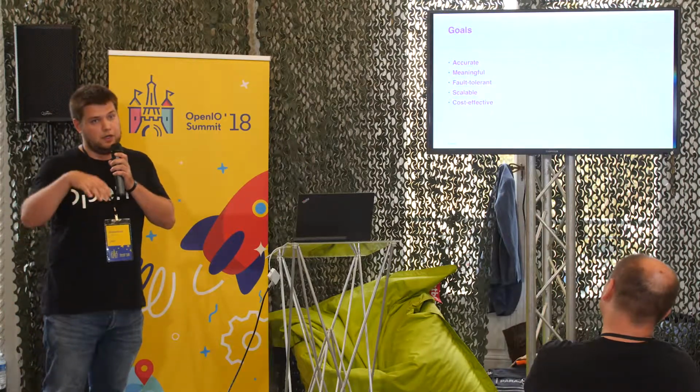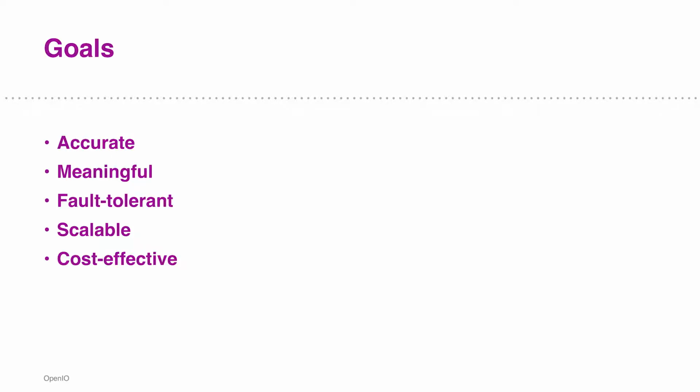So OpenIO specific metrics, you've heard about the score, most of you, for example, but not only. We have event queues, we have to monitor them. We have Zookeeper instances running, we have to monitor them as well, etc., etc.